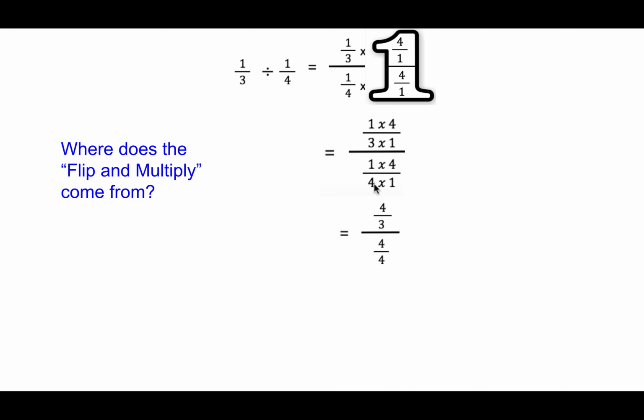In the denominator, 1 multiplied by 4 is 4, and 4 multiplied by 1 is 4. Remember, 4 divided by 4 equals 1, so I have 4/3 divided by 1, and anything divided by 1 is itself, so that equals 4/3. So that's why this works. It's not knowing a trick, it's knowing the understanding and why it works.